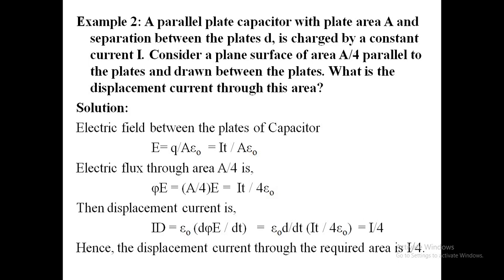Electric flux through the area A by 4 is equal to phi is A by 4 into E, which is equal to IT by 4 epsilon naught. Then the displacement current is equal to epsilon naught d phi E by dt, and substituting the above value of flux into it, we get the value of displacement current in that area A by 4 as I by 4.